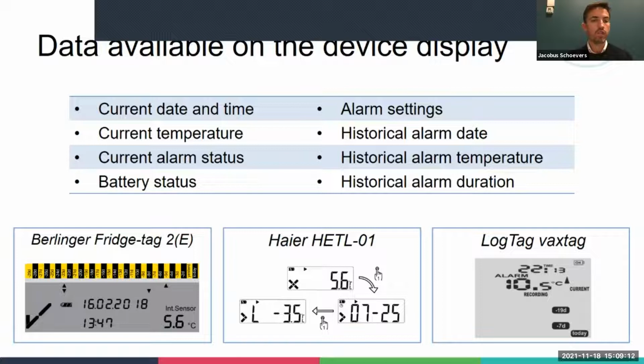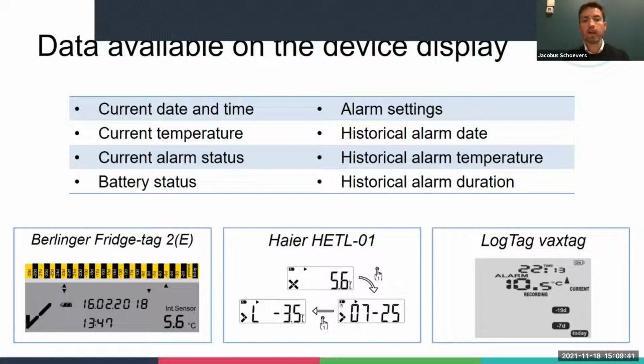The little up and down arrows that you can see on the top of the Berlinger FridgeTag 2E show you that on a specific date, there was either a high alarm or a low alarm. In the middle of the screen, you can see the date and the time, and then the current temperature on the bottom right-hand side of the little screen.